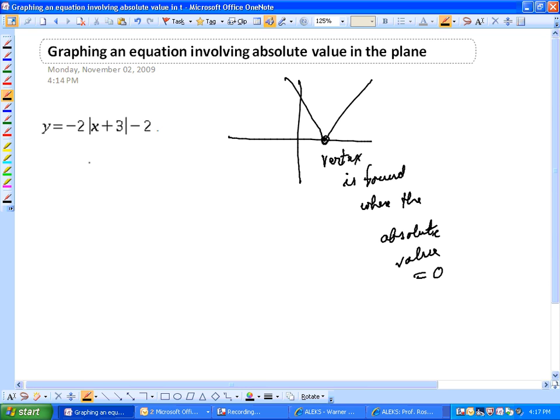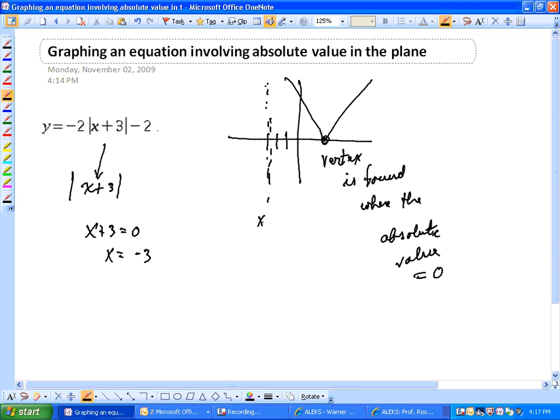So you take this x plus 3 part, that's the absolute value part, and we want to know where x plus 3 would equal 0, because that's where the vertex is at. And the answer is at x equals negative 3. So it's going to be somewhere along x equals negative 3.